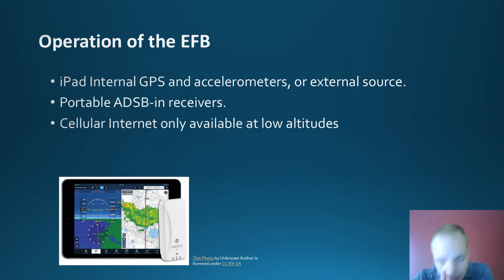It will give you the METARs and TAFs and airport information as well, but again, it only works at fairly low altitudes. I'd say it's best used on the ground before you take off, and use the ADS-B In or another source to get in-air information.